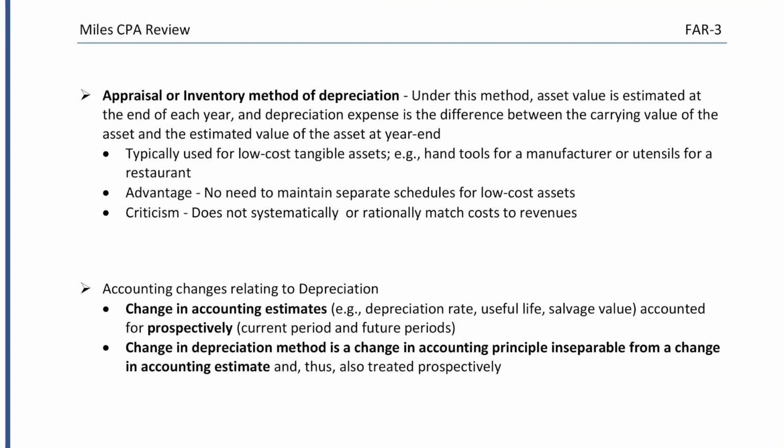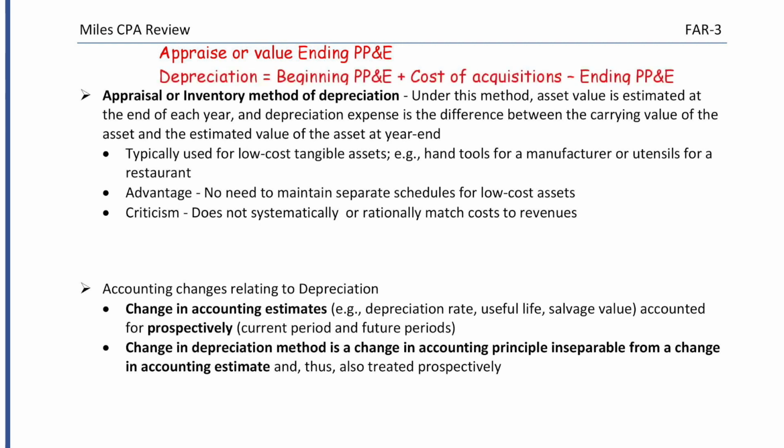Now in this method we appraise or value ending PP&E. And the depreciation expense is beginning PP&E plus cost of acquisitions minus ending PP&E. So guys, this sounds so much like the calculation of COGS, which was beginning inventory plus purchases minus ending inventory.